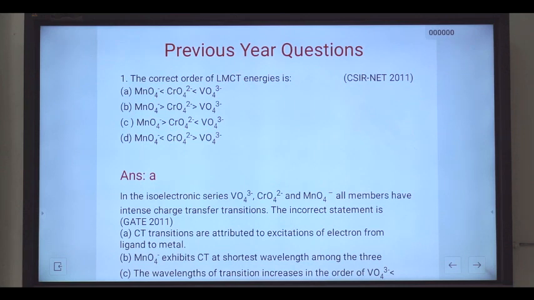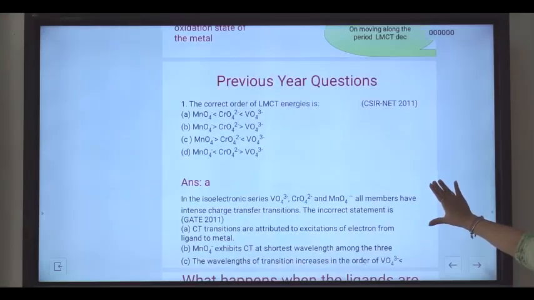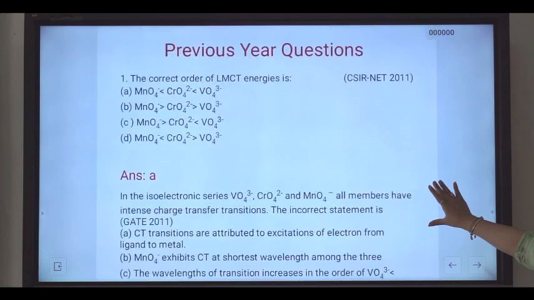So the incorrect statement is, this question appeared during the GATE examination in 2011, and the options are: CT transitions are attributed to the excitation of the electrons, and second is MnO4 negative exhibits the CT at shortest wavelength among the three, whereas the wavelength of transition increases in the order of VO4 3 negative, CrO4 2 negative and MnO4 negative. So in this case, which is the incorrect statement?